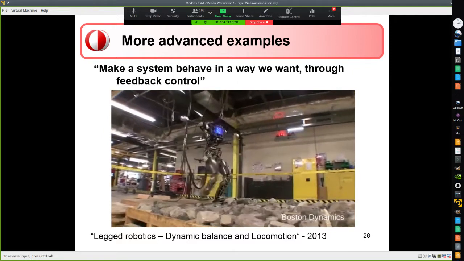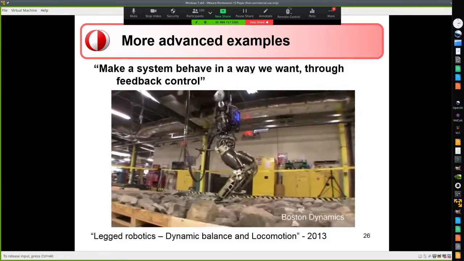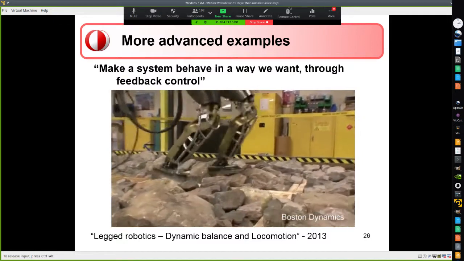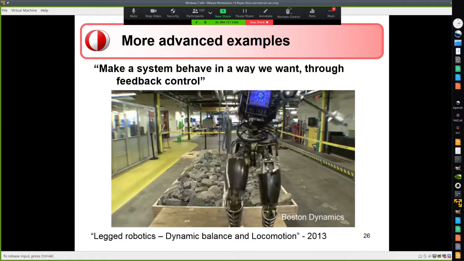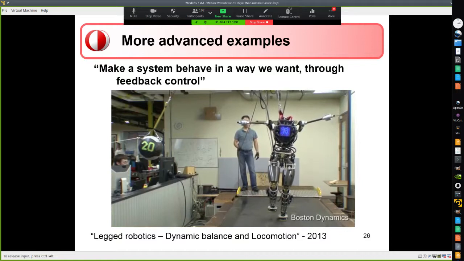What is special about these platforms is that there is a dynamic balance here. So if you stop the robot, like in human beings, right? If you sleep on your feet, you will just fall down. So the reason you are upright is because your brain is constantly applying a feedback control loop.